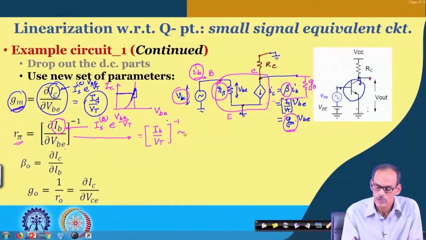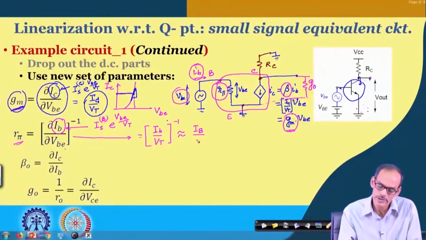Then we may approximate that this IB is with respect to the Q point. So we can say that this is capital IB divided by VT, inverse. So depending on this IB, of course, the value of this resistance will vary.